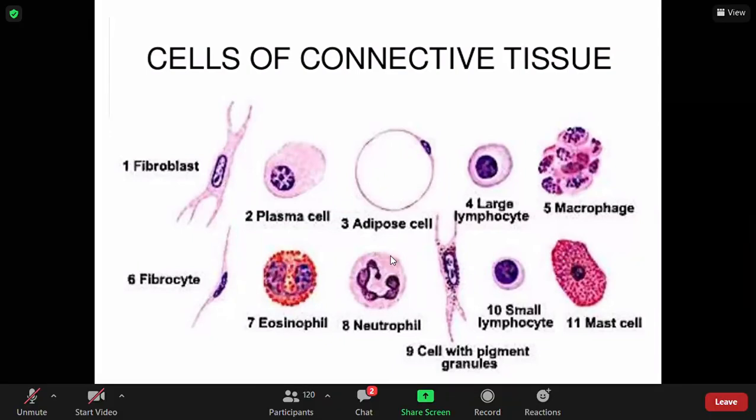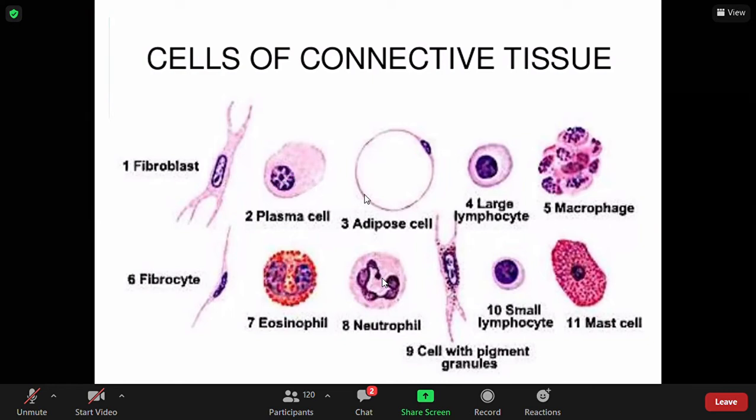In the fibroblast, you would note that the nucleus is plump. If it is a fibrocyte, then you see this one, already thinner. And then your plasma cell, you have this cartwheel or spoke wheel nucleus.